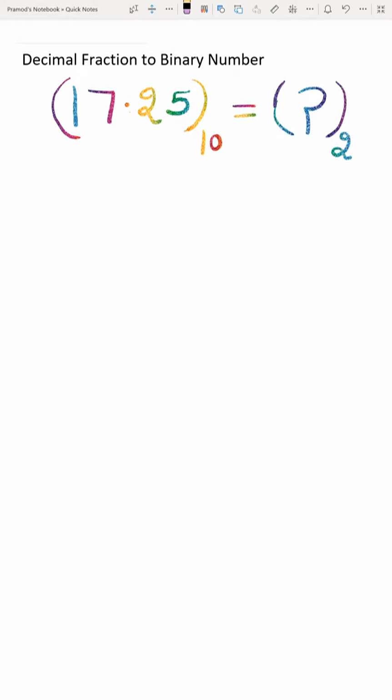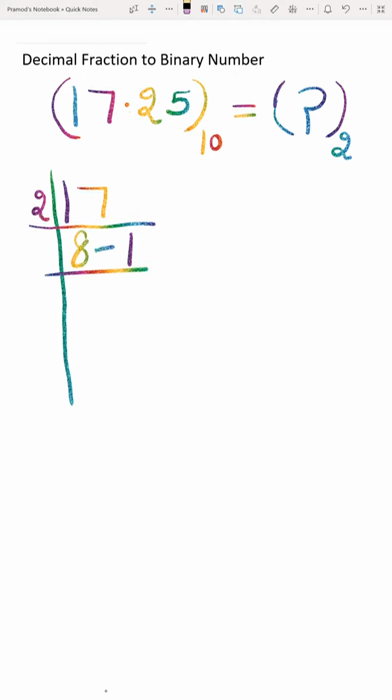In the last class we already learned how to calculate 17 in binary, with the simple divide method. Use 2. 2 8s are 16, remainder 1. Again 2. 2 4s are 8, remainder 0.